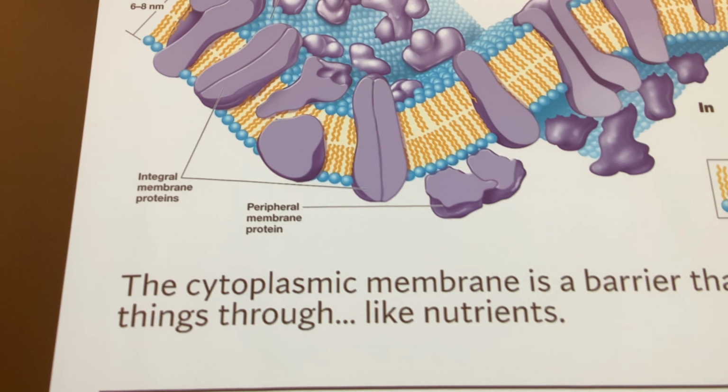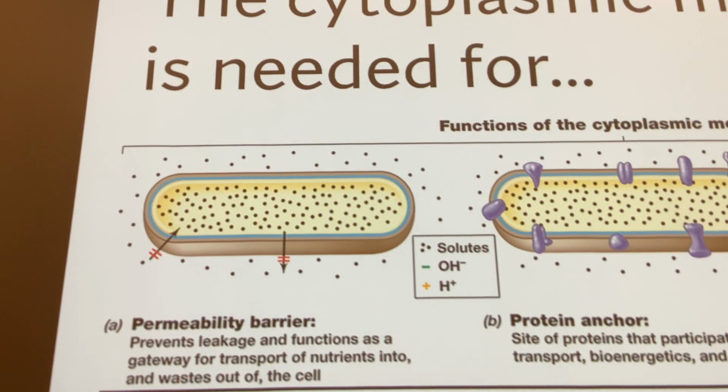But cells need to be able to regulate what goes in and what goes out. And so the cytoplasmic membrane is much more than just this lipid bilayer. It's studded with all kinds of proteins, and as I'll talk about in a minute, has a lot of other structures associated with it.